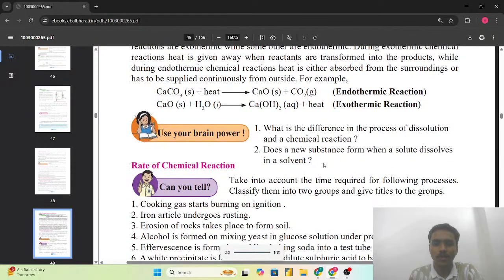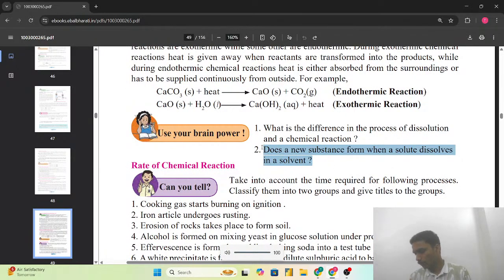This we have seen also, as I have told, in the reaction of the dilution of sulfuric acid. There is not the formation of a new substance every time.